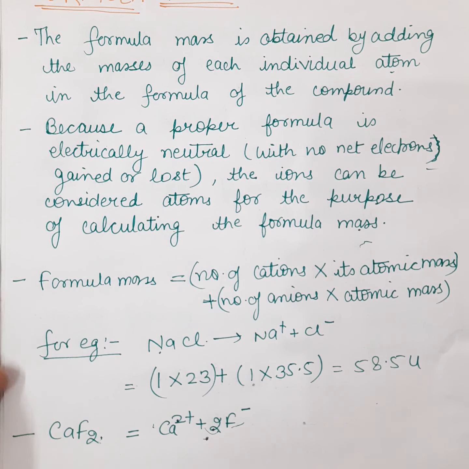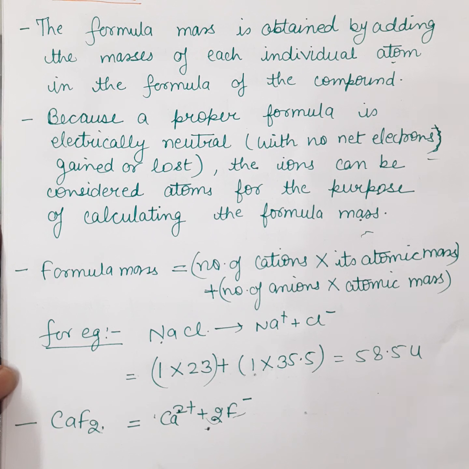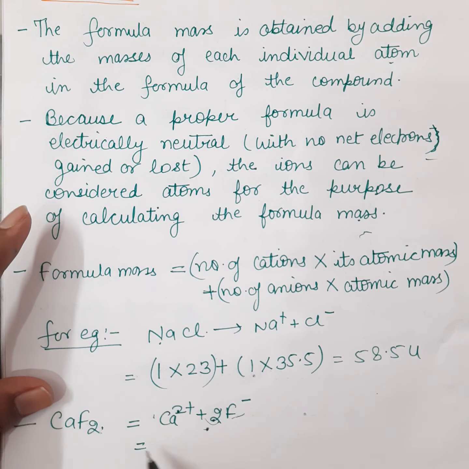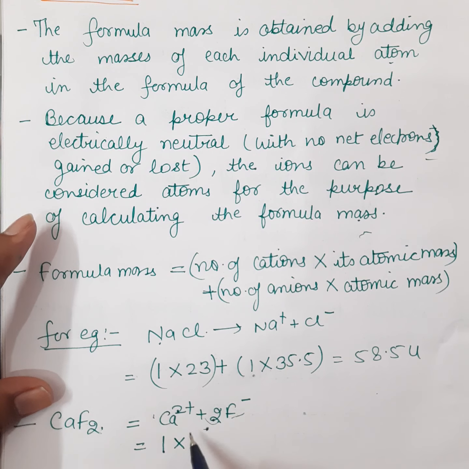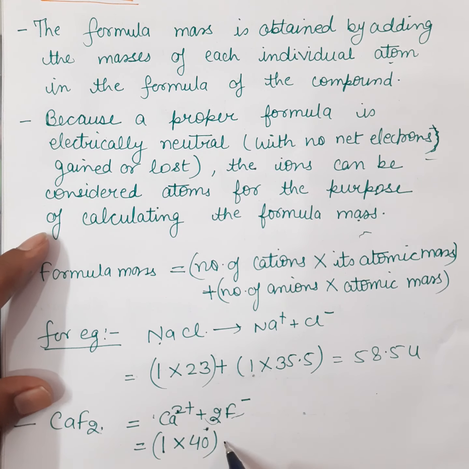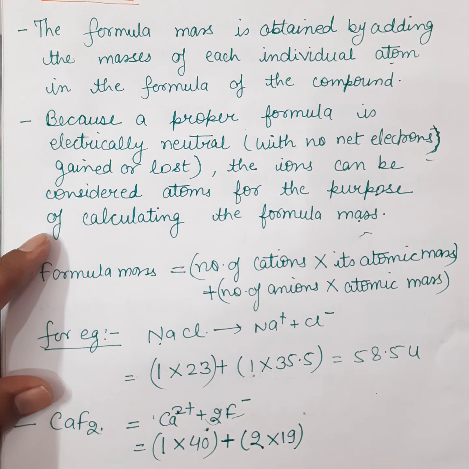Now let's see how many calcium ions, cations, are there? Only one. So I'm going to write 1 into the atomic mass of calcium, which is 40. Then plus, how many anions are there? 2 fluorides are there, so I'll write 2 into the atomic mass of fluorine, which is 19.